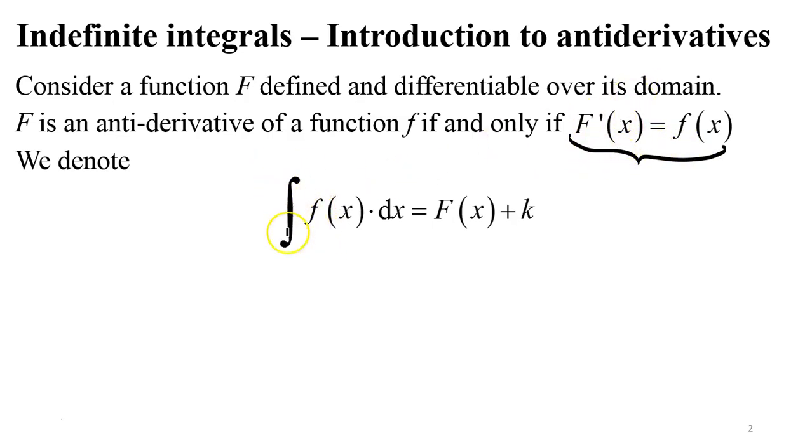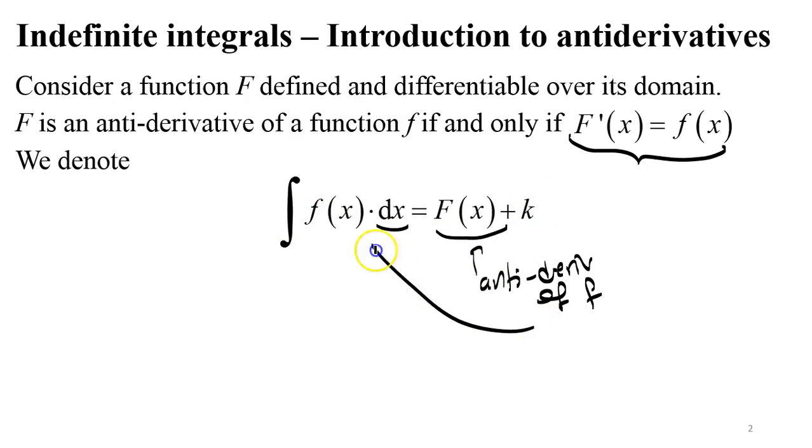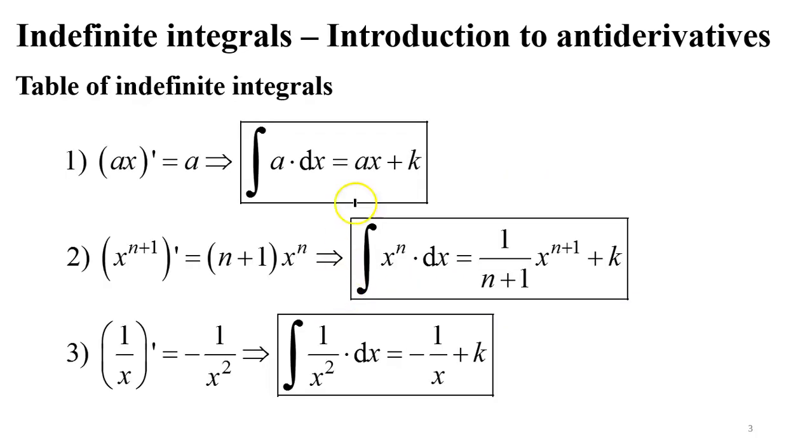That would be denoted, as we've already discussed, by the integral of f of x with respect to x equals capital F of x plus k. So capital F of x is the antiderivative of small f, the function inside the integral.